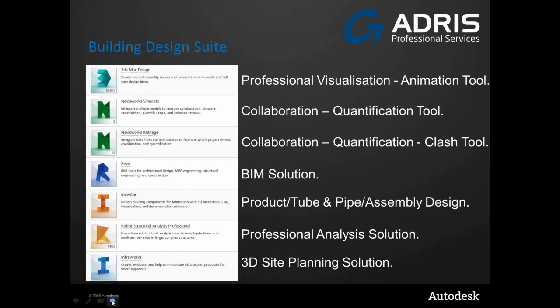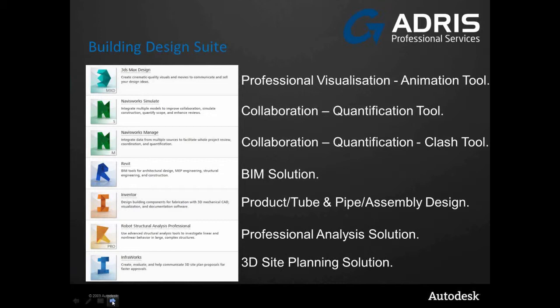These tools will allow you to run project sequencing based upon a BIM model, a Revit model. It will also allow you to do real-time cost analysis. It will also allow you to do clash detection if you were to invest in Navisworks Manage, the top of the tree solution.